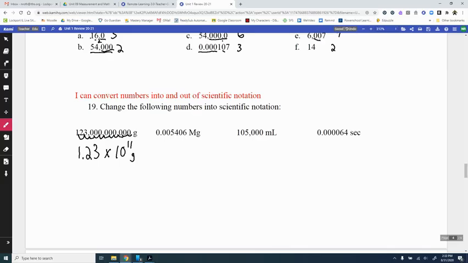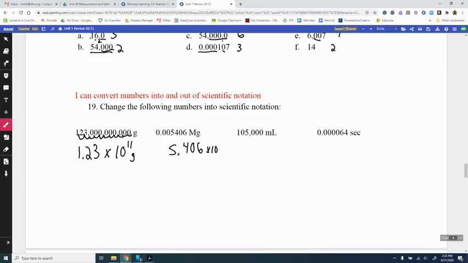Now, since this is a really big number, and when I say big, I mean bigger than 1, that means this 11 is going to be a positive exponent, not a negative. On this next one, the first non-zero number is the 5. So 5.44, there we go, 06 times 10.